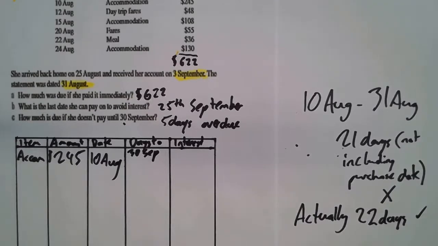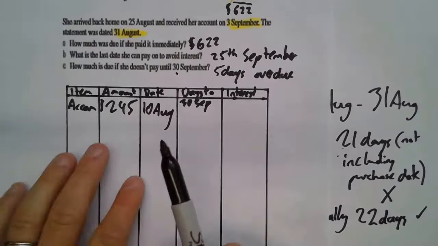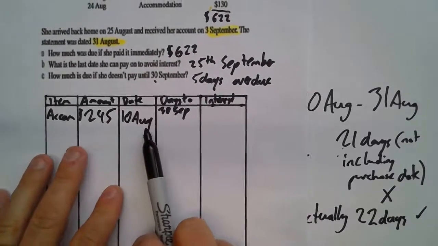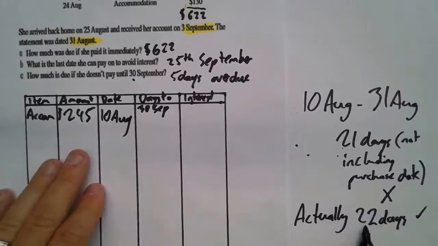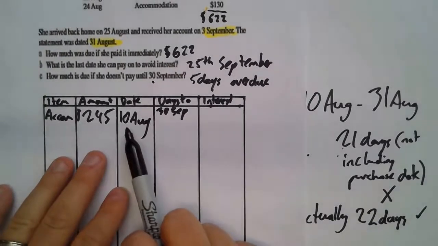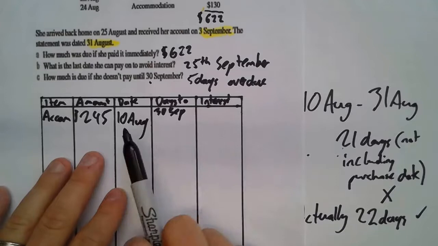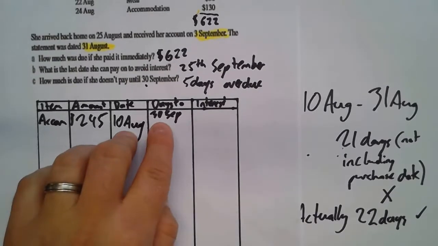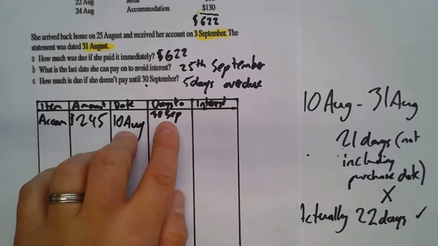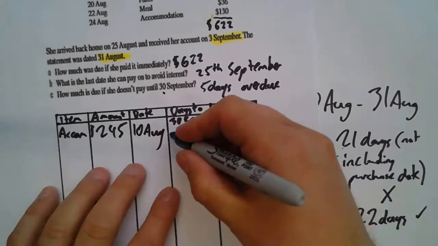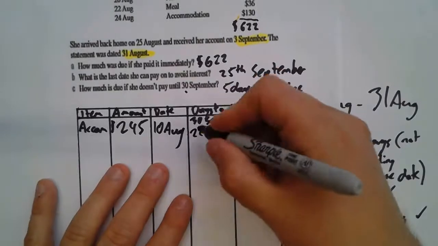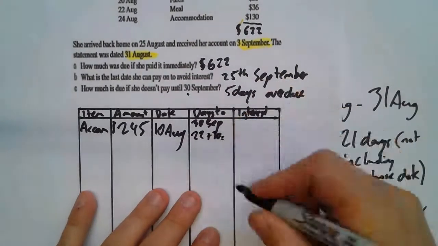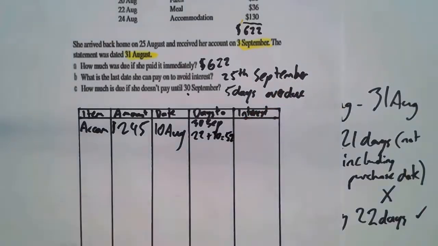So that's one way to do it: look at the date, 10th of August, and work out how many days till the end of the month including the purchase date. So to the end of August is 22 days, and then to the 30th of September is going to be 30 days on that. So we have 22 days plus the 30 days of September is 52 days.